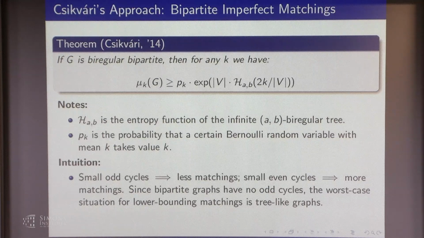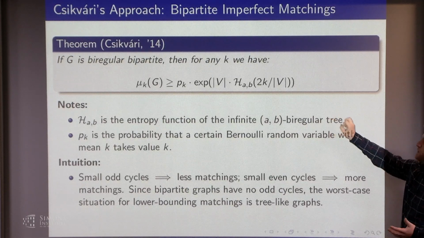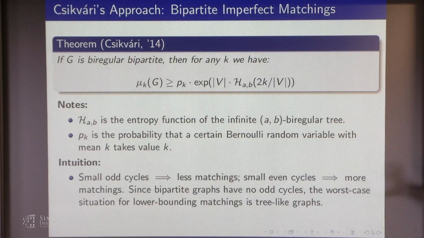But then, as soon as we don't have any odd cycles, the worst case situation is that we have no small even cycles. If we have no even cycles at all, then intuitively we should have the least number of matchings possible. So the worst case, if we're going to lower bound, is something like a tree, and maybe this is some general idea as to why you'd expect something like the infinite biregular tree to appear in the lower bound. Okay, I'm going to just brush over that. I only have a few minutes here, but that's the intuition for this bound.